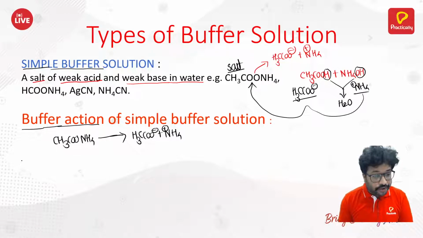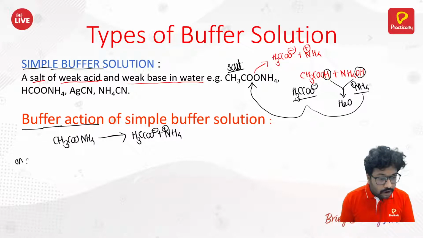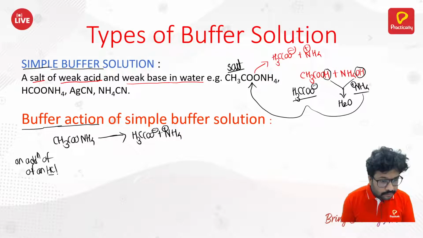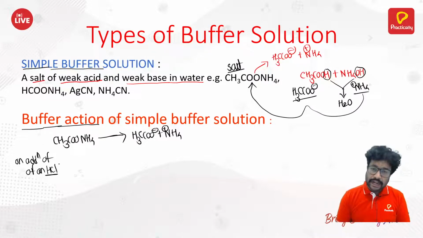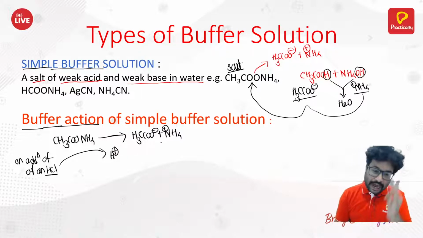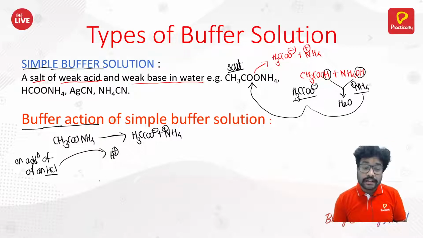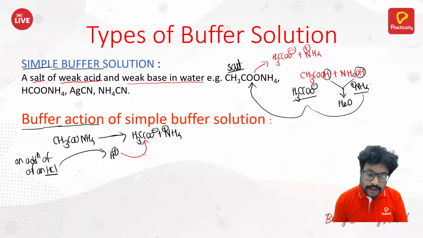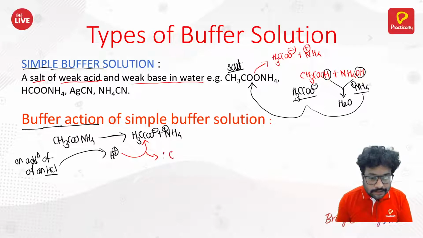Now, on addition of an acid, what is acid? You take any acid, for example, HCl. HCl will give H plus ion. Now which ion would the H plus ion combine with, you think? Your H plus would surely combine with the acetate ion, and that would give you CH3COOH.